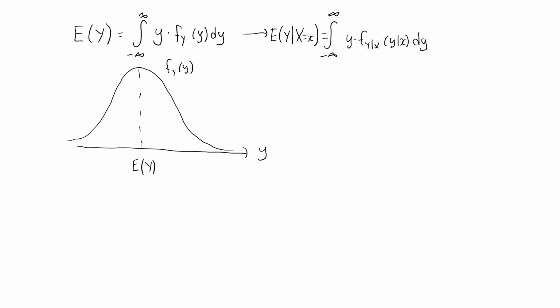Well, then that will change the PDF of Y as well. So it may become something like this: the conditional density of Y given X. And that will then also change its expected value to the conditional expected value of Y given X.